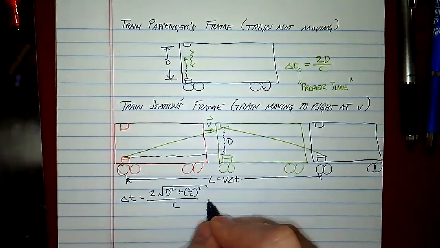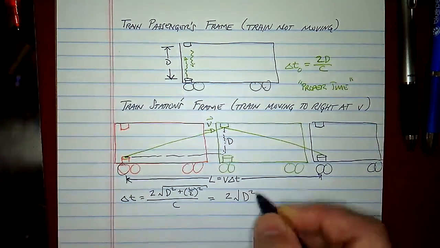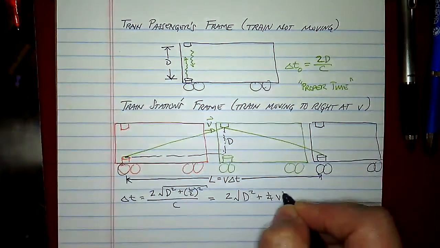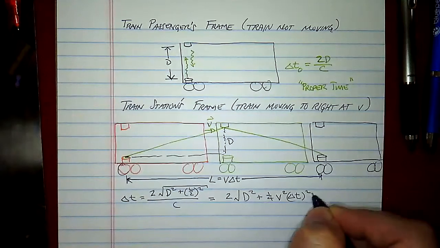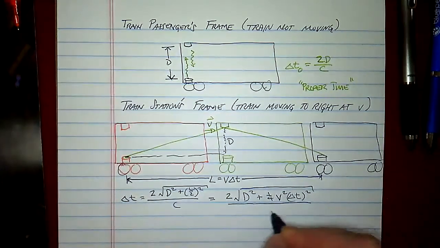Now, if I use L is equal to v delta t, then I'd get delta t is equal to 2 square root d squared plus 1/4 v squared delta t squared, all of that under the square root, and then all of that over c.